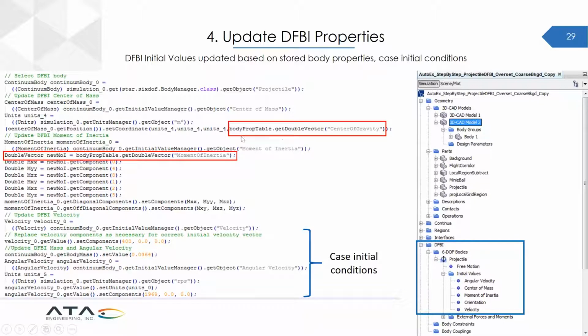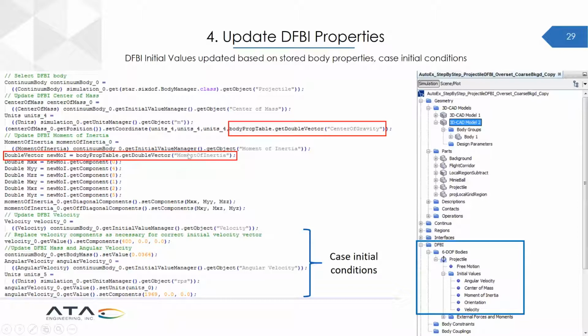So in this case, that body prop table that we just stored, which we would be updating every time we go through the for loop with a new geometry, I've just passed into the argument for updating the center of mass. So center of mass, set the coordinate units. This basically says set it to meters, and then here's the location, getting the vector from the body prop table that we stored earlier.